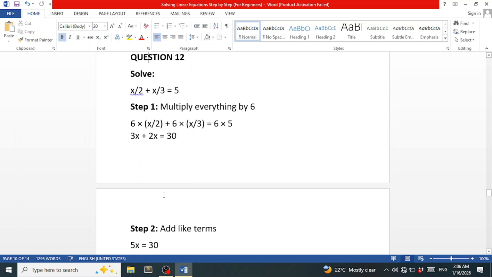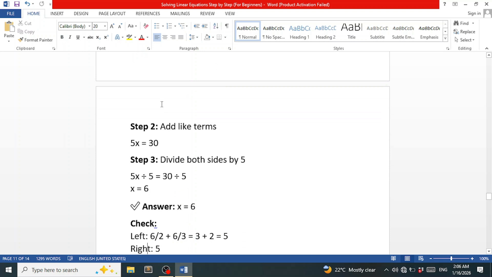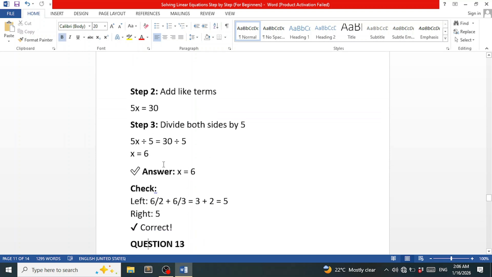We can check and verify that. Take the left side, that is x over 2 plus x over 3, and then you find the solution. It must give 5. Let's check. The value of x is 6, so 6 divided by 2 plus 6 divided by 3.